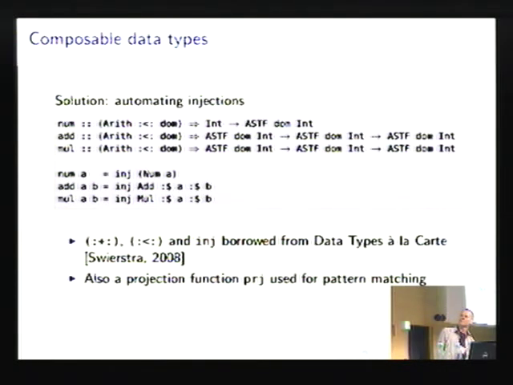So the inj function is a type-directed function that, based on the types, will just insert the right amount of injections. So now we can just say inject addition and apply it to its argument. And then we get this constraint up here, which can be read as the domain should include Arith. So the domain can be a sum type where Arith appears somewhere. And again, this is really a minimal assumption because there are many domains which fulfill this constraint.